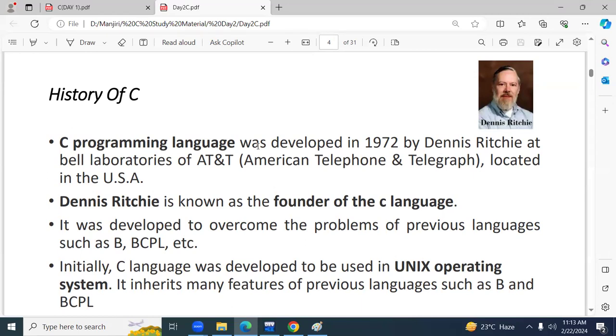One more person is there, Kernighan, who is also one of the founder members along with Dennis Ritchie. But Dennis Ritchie is actually traditional C. Whenever the word traditional C comes, it is developed by Dennis Ritchie.